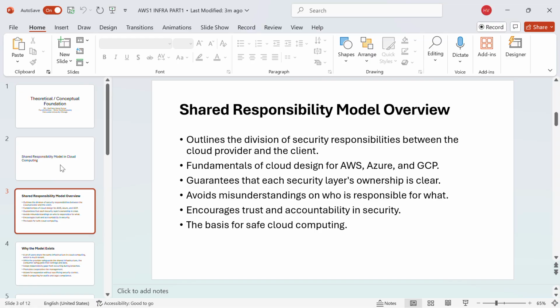Fundamentals of cloud design for AWS, Azure, and GCP. It guarantees that each security layer's ownership is clear, avoids misunderstandings on who is responsible for what, and encourages trust and accountability in security, the basis for safe cloud computing.